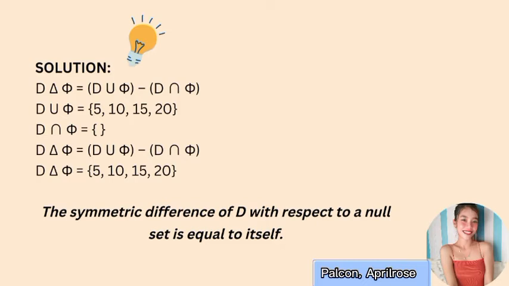Symmetric difference of D equals the set of 5, 10, 15, 20. So the symmetric difference of D with respect to a null set is equal to itself.